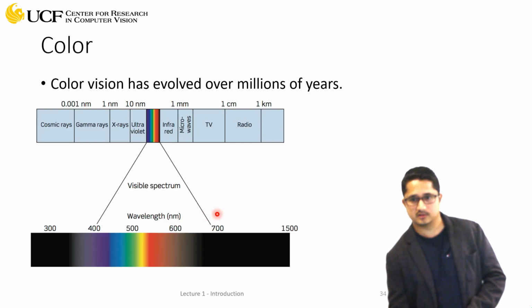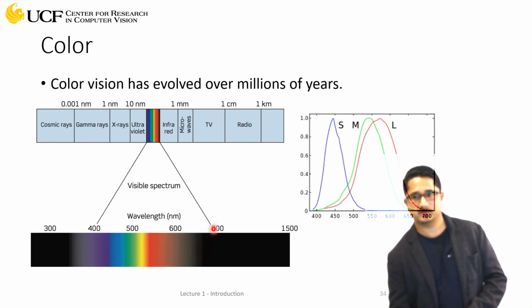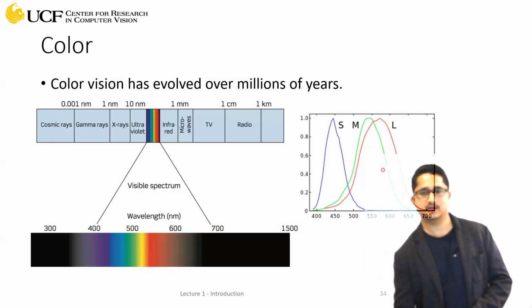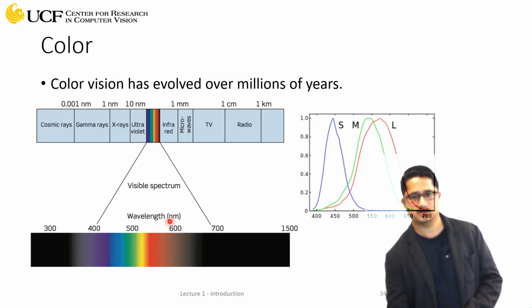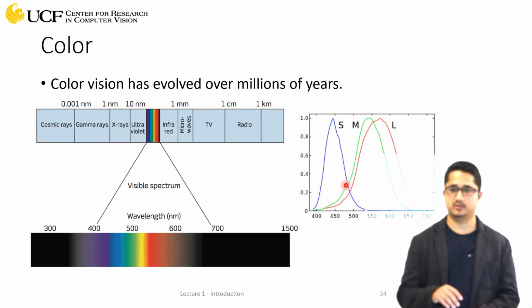All the way on the right, the 700, corresponds to red. That's what this plot is showing you. And it peaks at this location, around 560 or 570. On the left, we have green, and then further left, we have blue. So this is the patch of the wavelength band to which human vision responds, and that's how it's distributed.